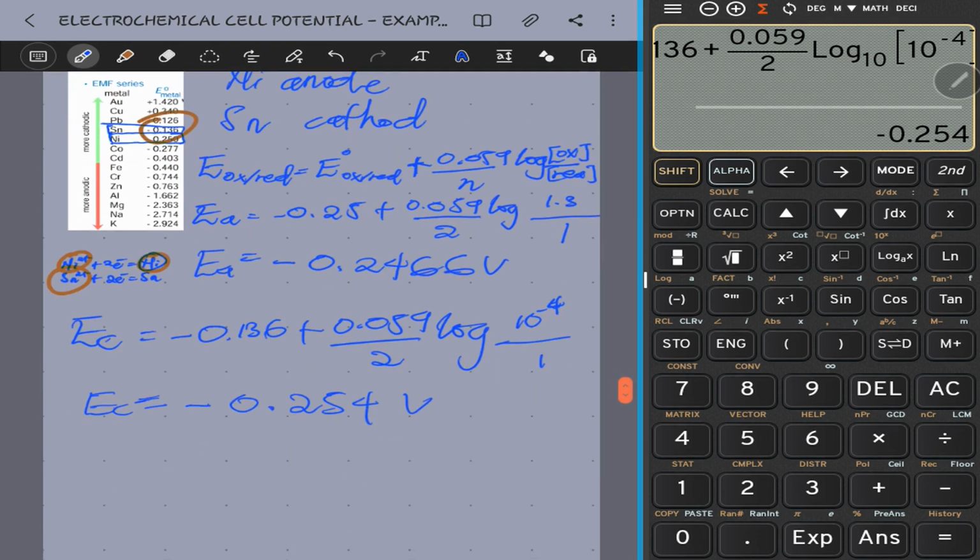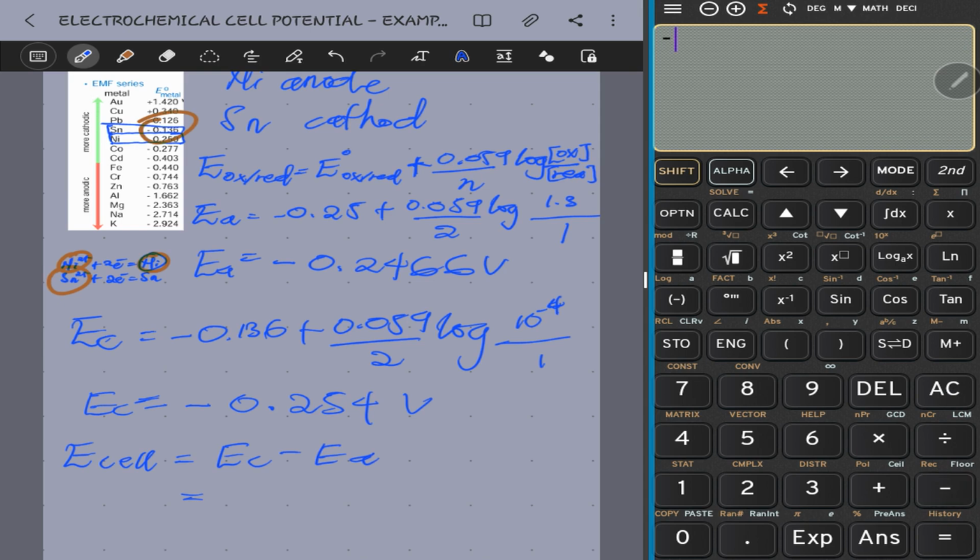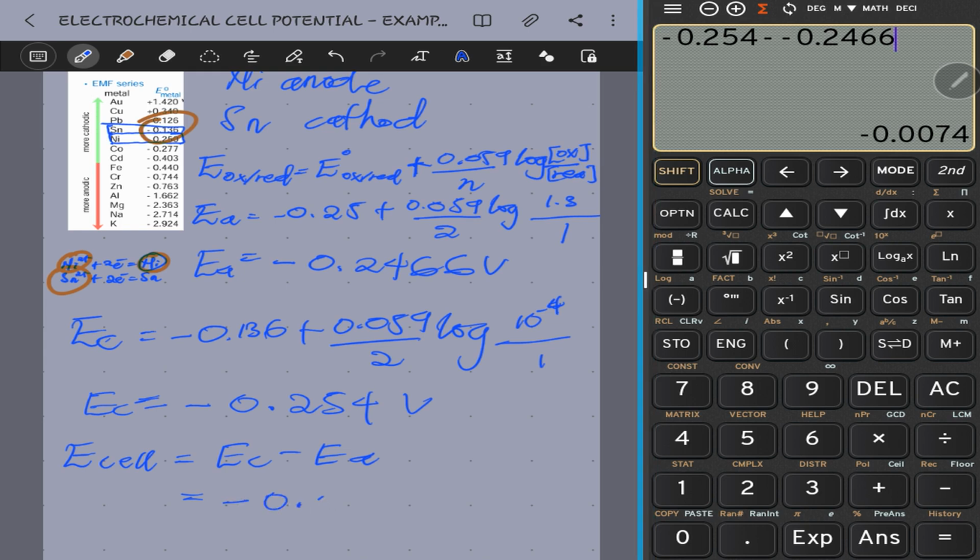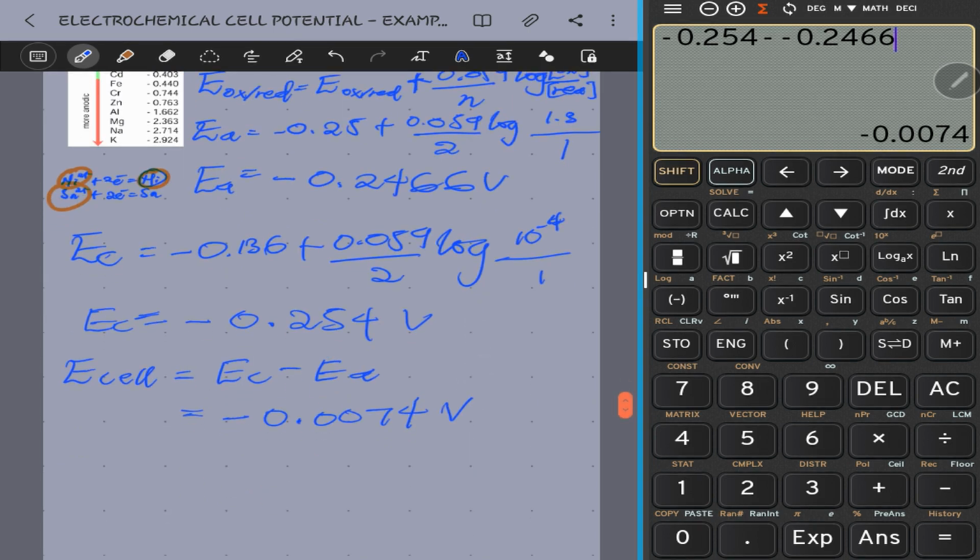And because of how we've been doing it, the E cell non-standard is equal to E cathode minus E anode. The cathode is minus 0.254, the anode is minus 0.2466, and that gives us minus 0.0074 volts. Because of this, we are getting the E cell to be negative.